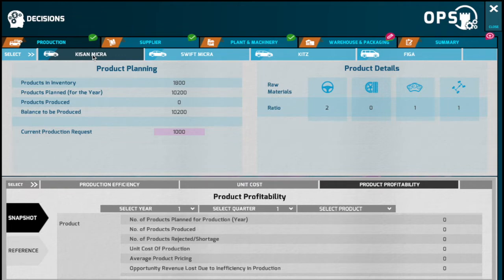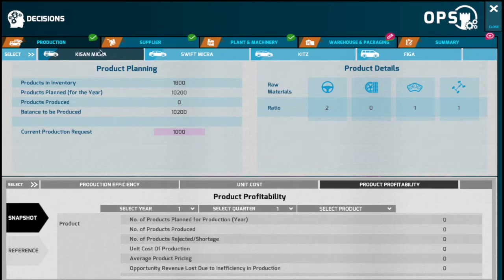Having selected the product, the details of the product inventory which is currently available would get displayed, and details of the number of products that the players decided to produce in the previous year, along with the balance that needs to be produced, are available for the player to make his decisions. The section on product details gives you a sense of the ratio of raw materials required to produce a single unit of product.